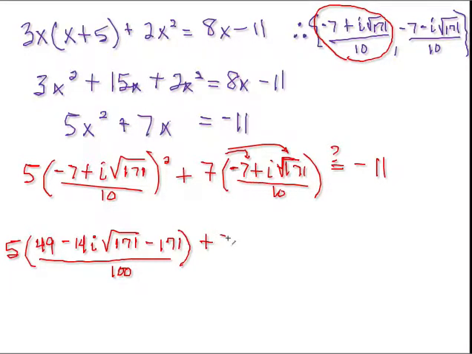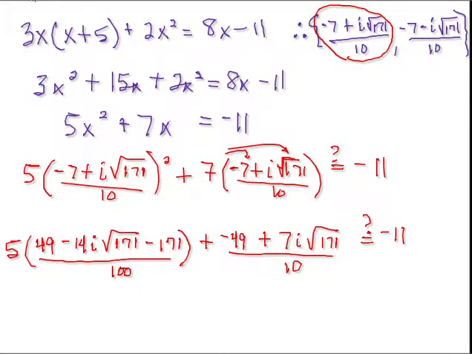So I get negative 49 plus 7i times radical 171, all of this over 10. The question is, does this equal negative 11? That's what we're trying to show.